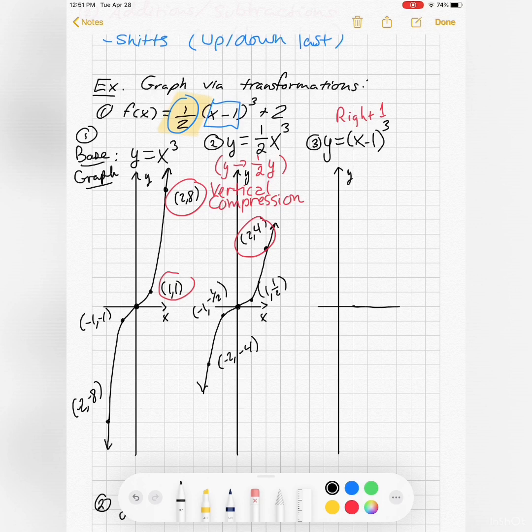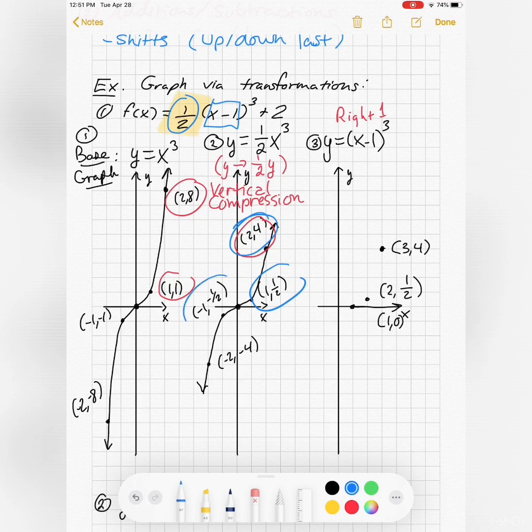I'm going to extend this a little bit here. Okay, so let's see. Let me take this point, shift it right 1. So now it's at 3, 4. And then the (2, 1/2) point will be at 2.5. (0, 0) will be at (1, 0).